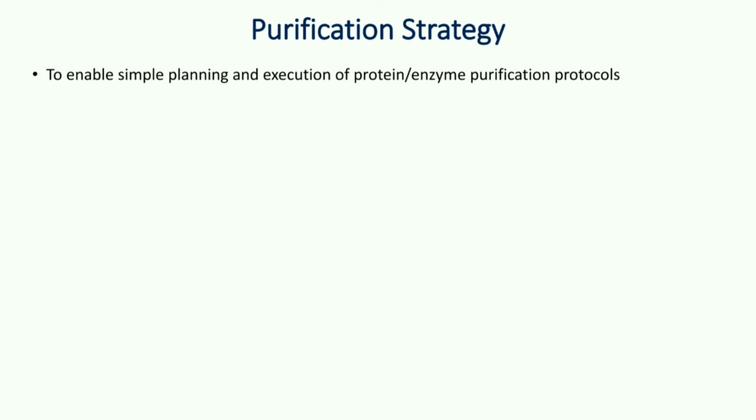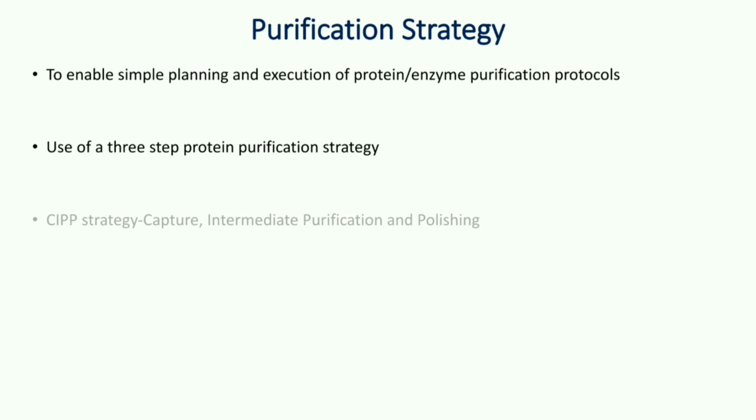Purification strategy. When we plan anything or plan a strategy, we are trying to simplify the process. In this case, we are trying to simplify the process of extraction and utilization of resources so that maximum yield of enzymes can be obtained. We mainly use a 3-step protein purification strategy.